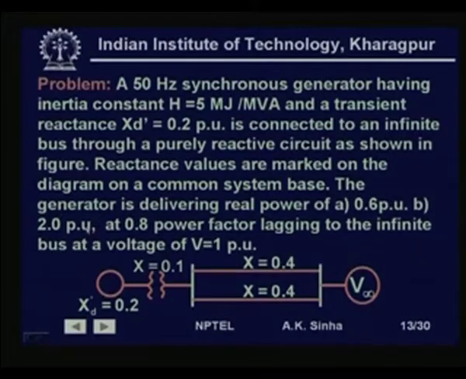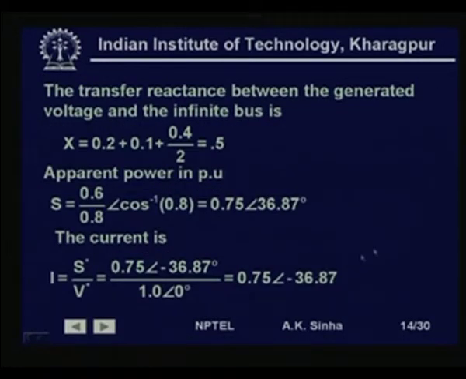For both these we have assumed that the power factor is 0.8 lagging, and the infinite bus voltage V infinity is 1 per unit. The damping coefficient in both these cases is assumed to be 0.15 per unit.